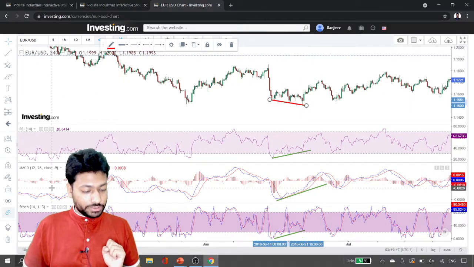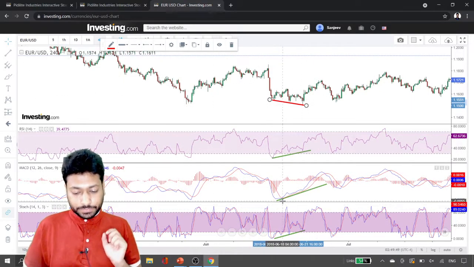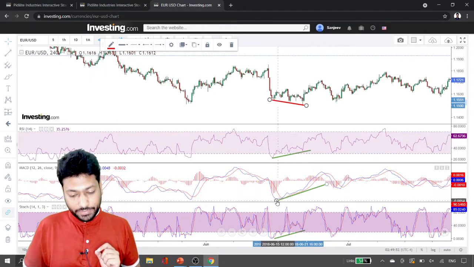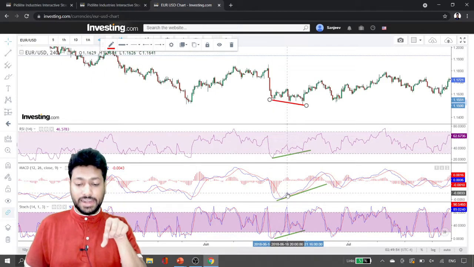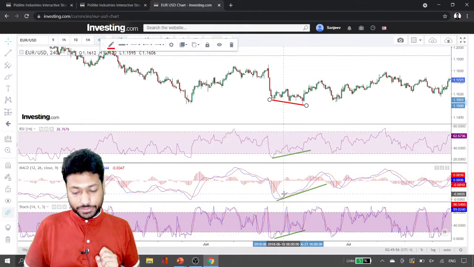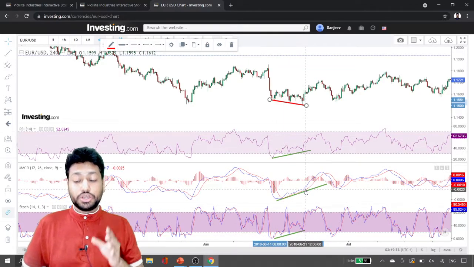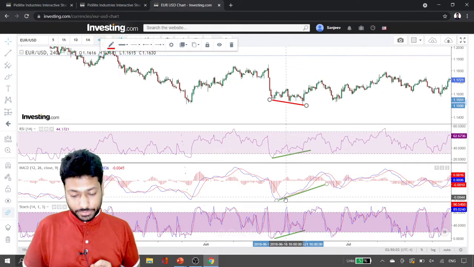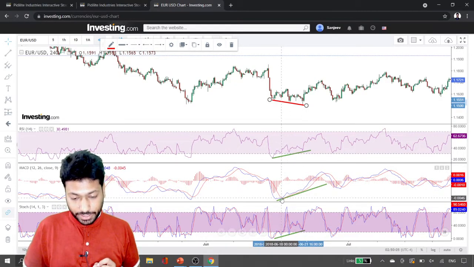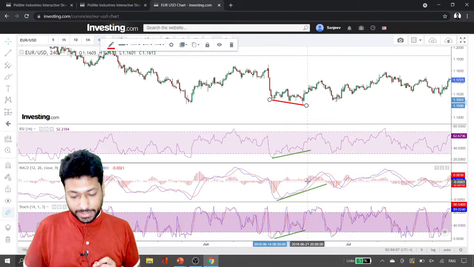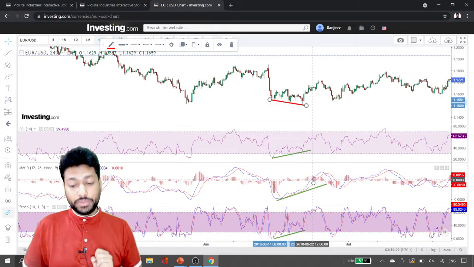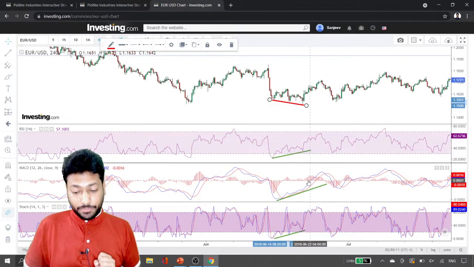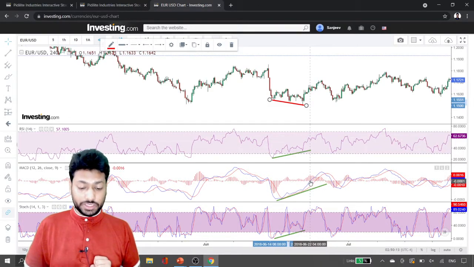Also, if I choose the MACD chart, whenever the blue line crosses over the red line, as you can see here, this shows a trend reversal, an upward trend. I have drawn a line here, and from this area onwards you can see an upward trend, represented by the MACD chart.